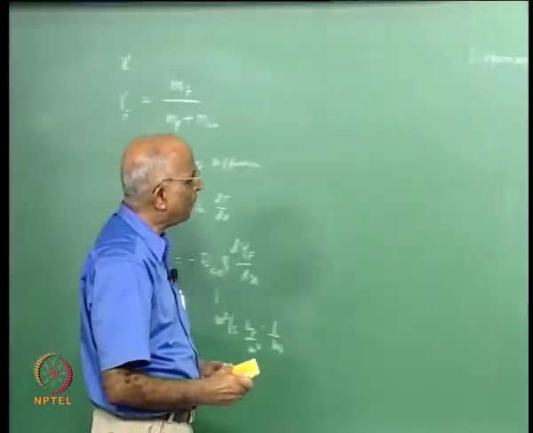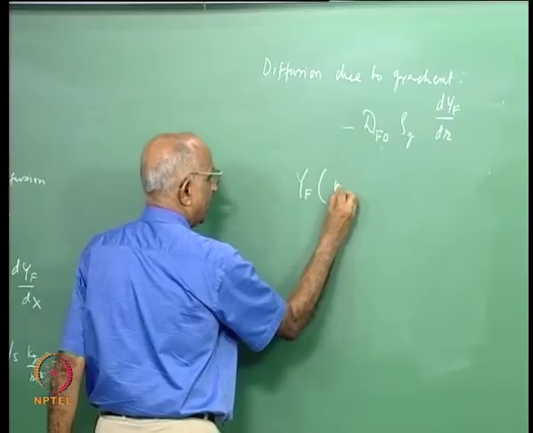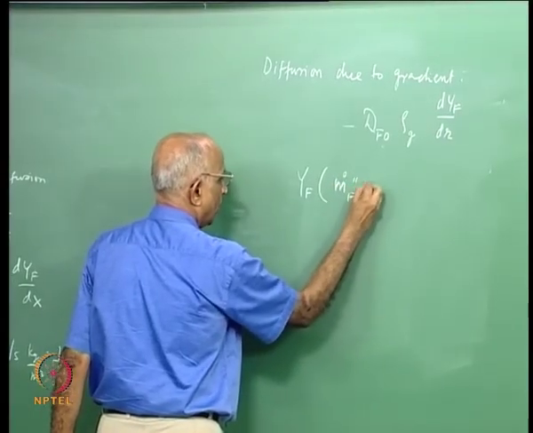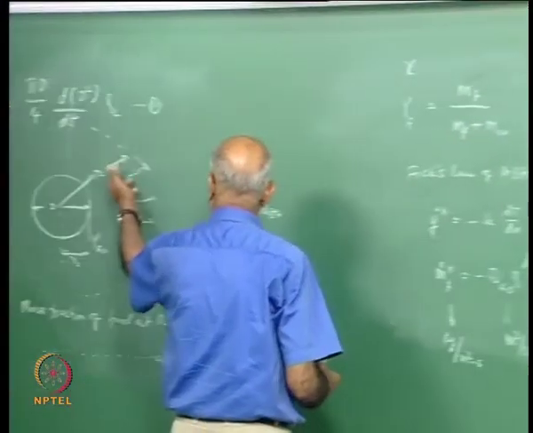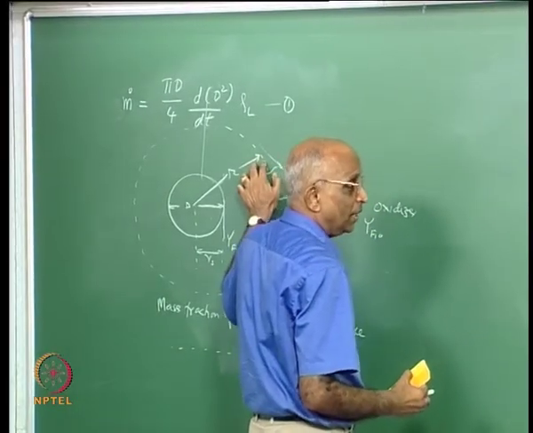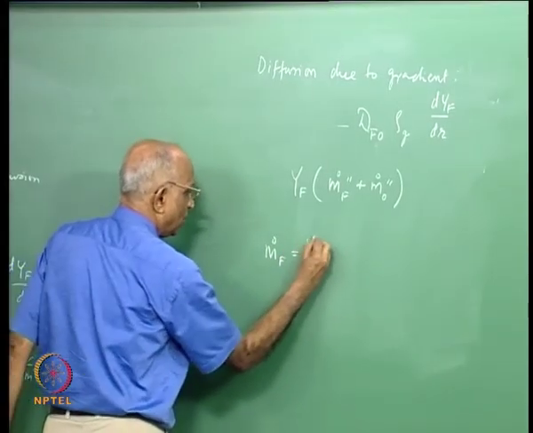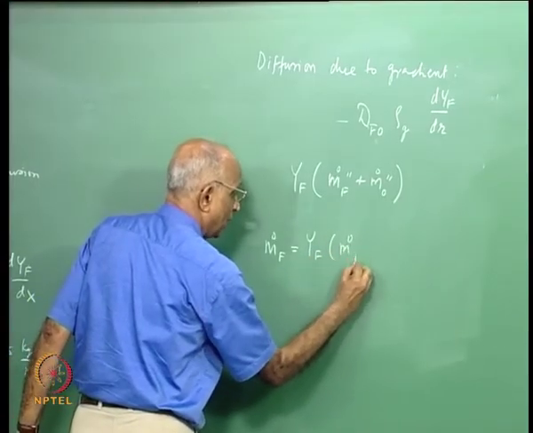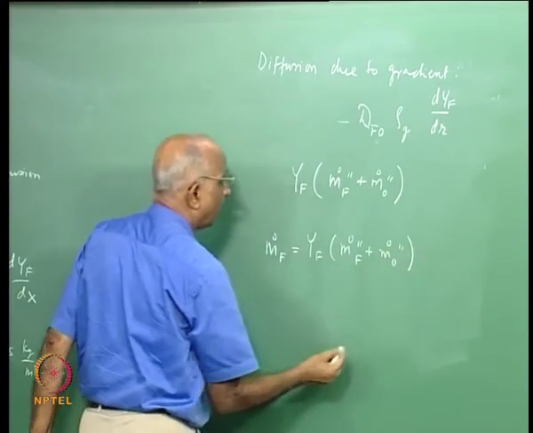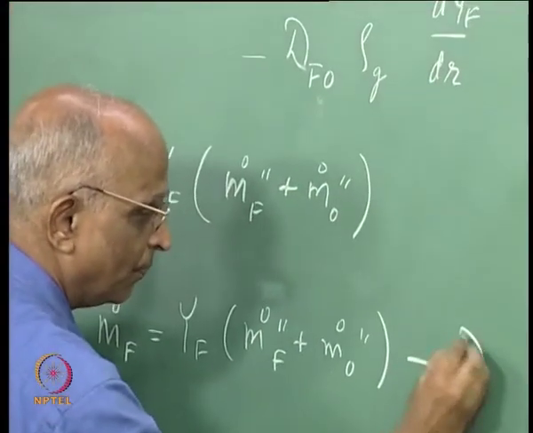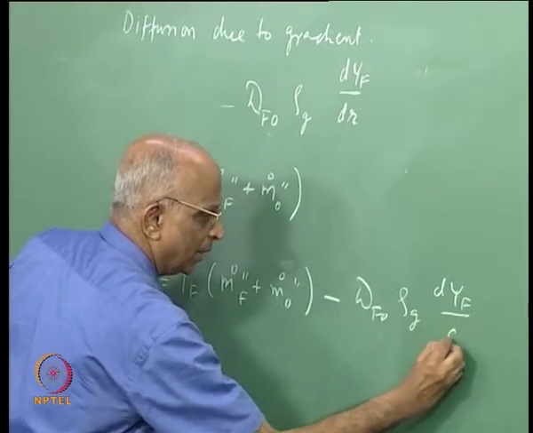Now I have to solve this, but now I realize I have a concentration Yf of, let us say, m dot of the fuel plus m dot of the oxidizer, which is available at any particular point, and the fraction of that is also available, and therefore I must say that the mass flux of the fuel which is leaving is equal to Yf into the masses which are available of the oxidizer, plus now I get the value due to diffusion, fuel oxidizer into rho g into dYf by dr.